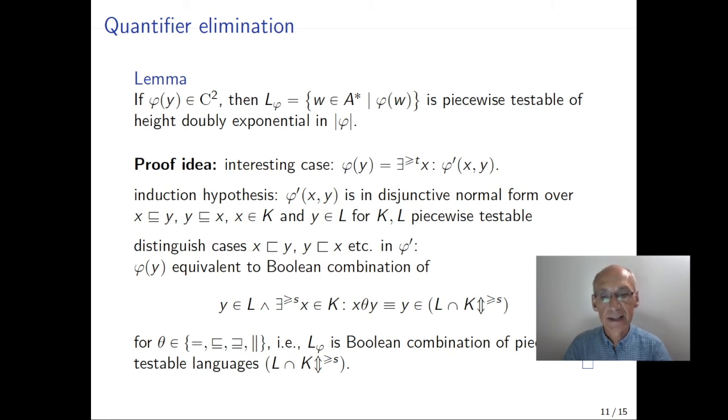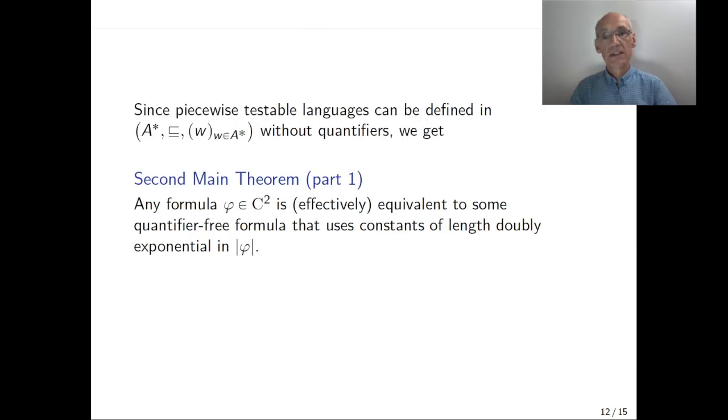Any language that's definable is piecewise testable of height doubly exponential in the size of the formula. Now, since piecewise testable languages can be defined in our structure without using quantifiers, since we have the words as constants, what we get is that any formula phi is effectively equivalent to some quantifier-free formula that uses constants of length doubly exponential in the size of phi.